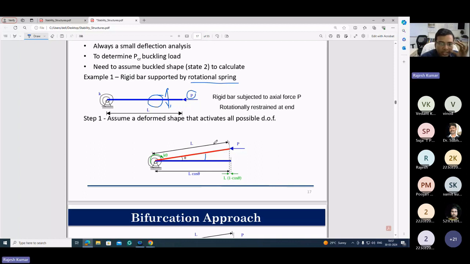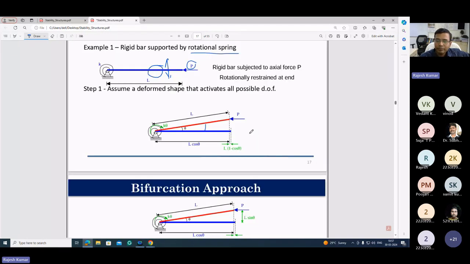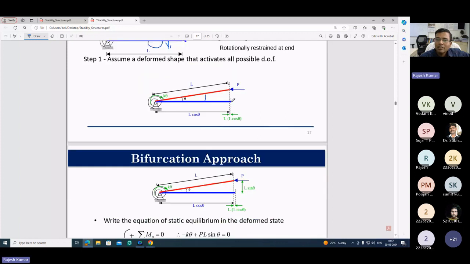Now to find this, assume a deformed shape that activates all possible degrees of freedom. You see this, what will happen? This is your L, and the length is L, then the projection is L cos theta. Then this change is how much? L(1 minus cos theta).